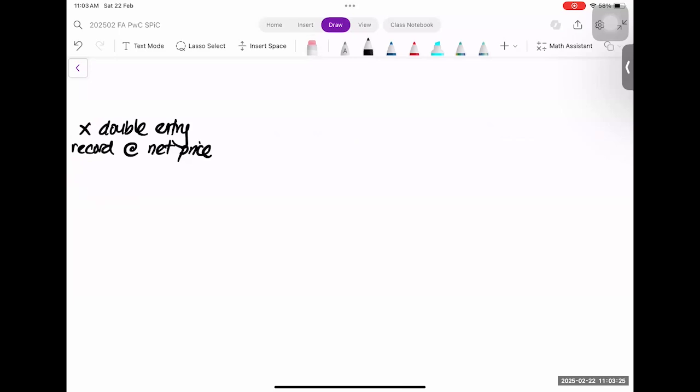First, we have list price. List price, like the name suggests, is the price that is stated, that is listed in the mall. So when you go to the mall, they will have a price tag. Whatever price that is shown, that is what we call the list price. List price minus trade discount, this is what I call the net price.